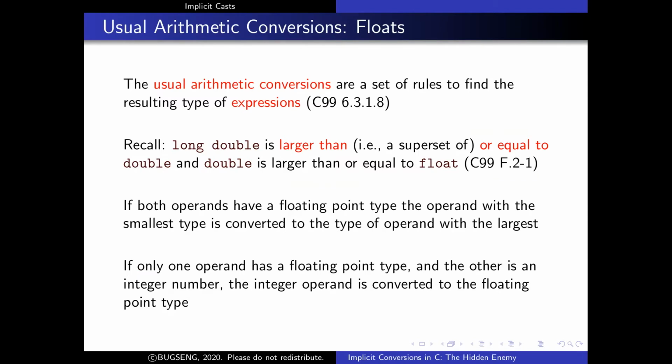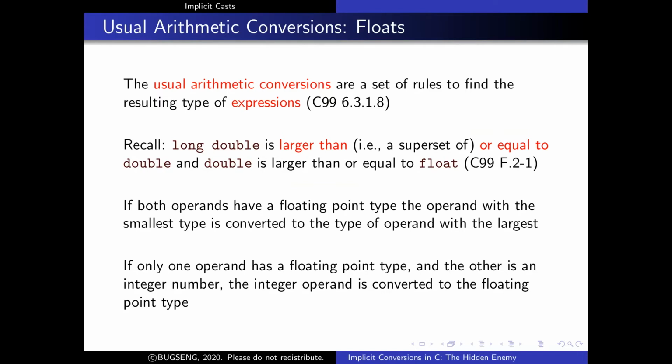And the other rule: if only one operand has floating point type and the other is an integer, then the integer operand is converted to the floating point type. Here someone might think that the other way around was also possible. In fact, it was.